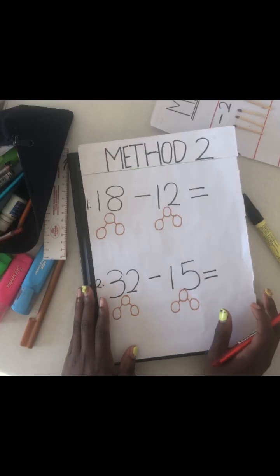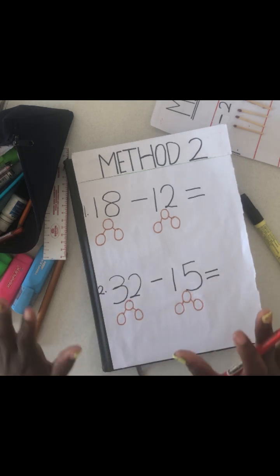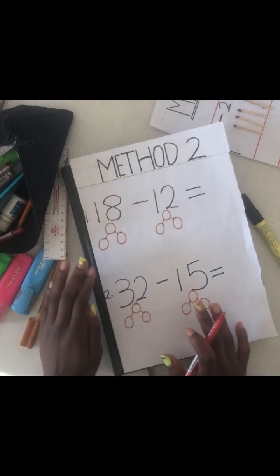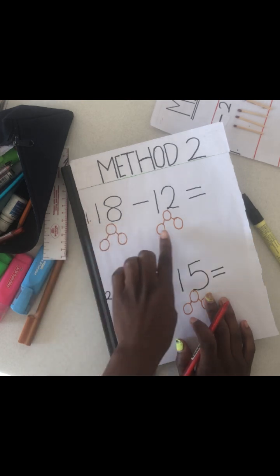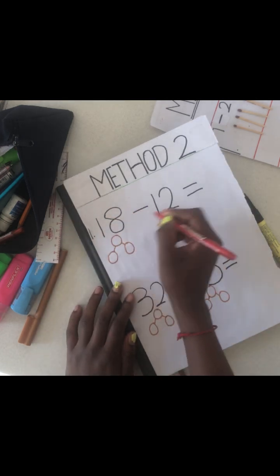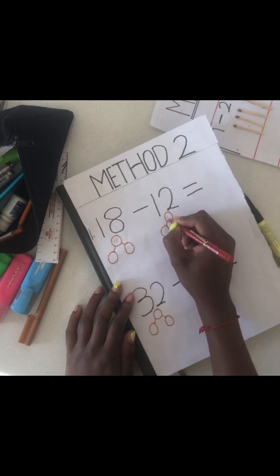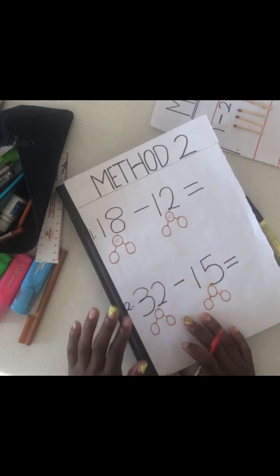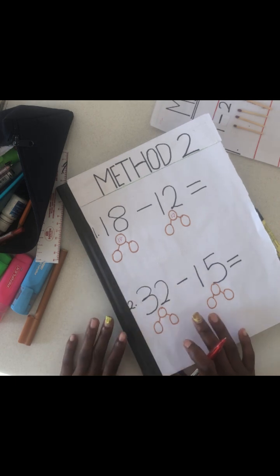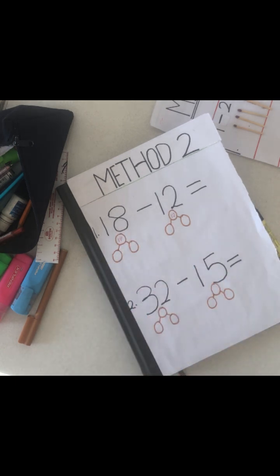So the second method is very tricky and needs you to focus, right? So you see the first one says 18 minus 12. So the first thing you have to do is just group these numbers, 18 and 12. So when we're done with this, we are going to separate these numbers according to the tens and the ones.